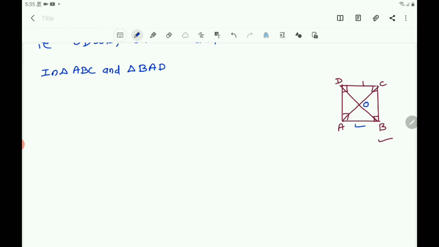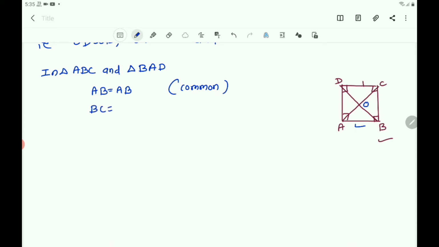So you will get a common side here, and the equal sides which are opposite. You write that AB equals AB, reason: that is the common side. And also BC equals AD.